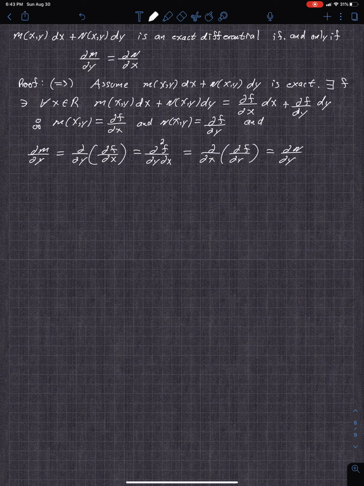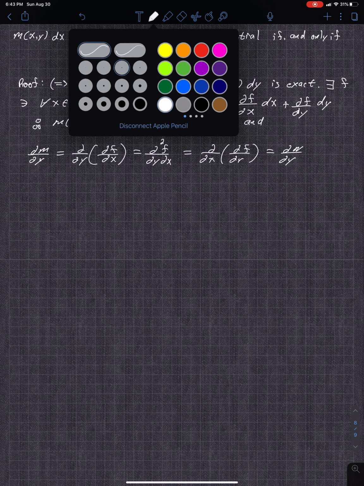Now, why are those equal? Why is this equal to this, even though you have y then x versus x then y? Because continuous mixed partials are equal.